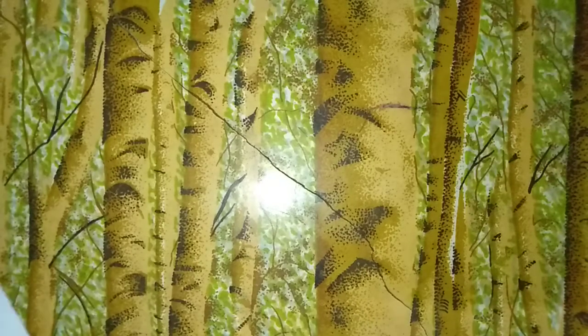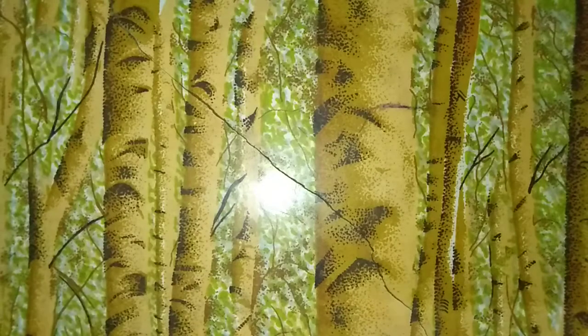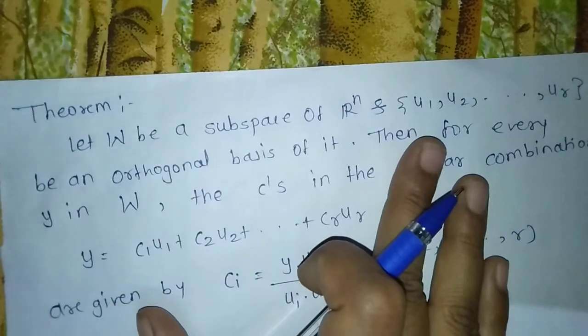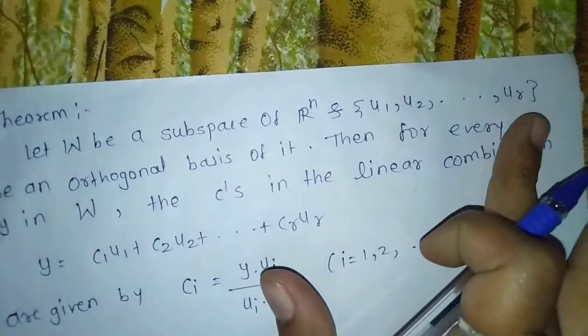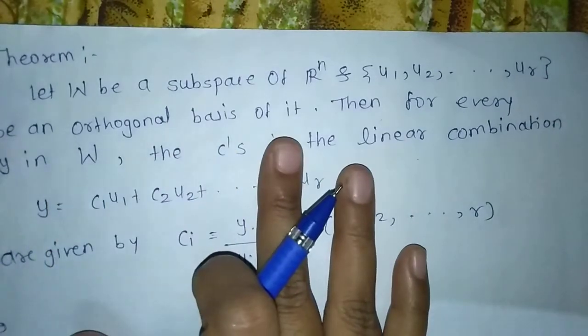Now next theorem. Let W be a subspace of Rn and the set U1, U2 and so on UR be an orthogonal basis of it.